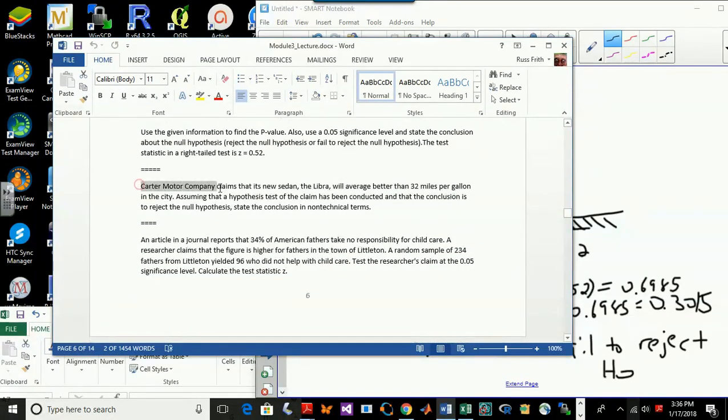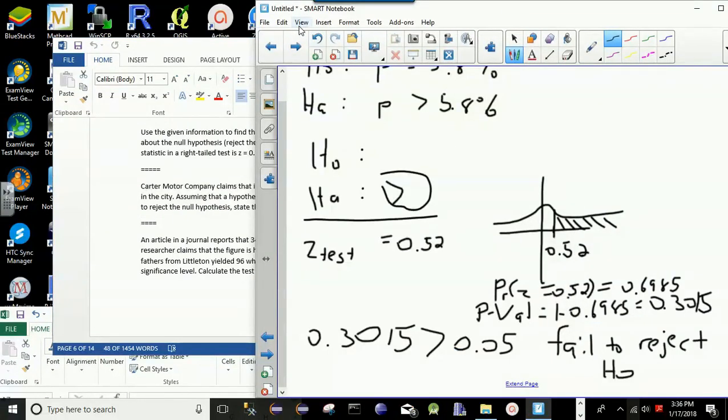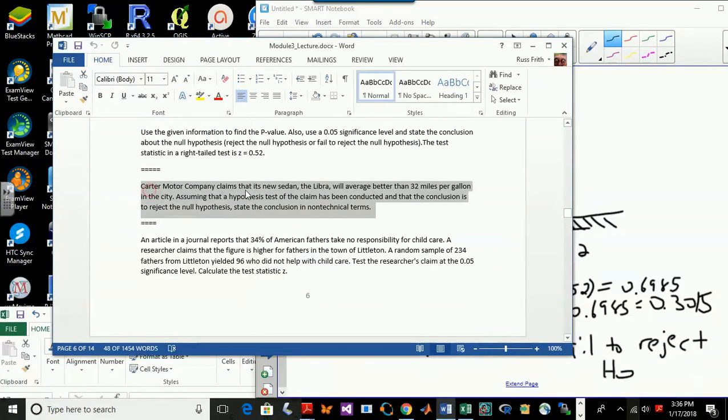Carter Motor Company claims that a new sedan, the Libra, will average better than 32 mpg. Assuming the hypothesis test of the claim has been conducted and the conclusion is to reject the null hypothesis, state the conclusion in non-technical terms. Whenever you have a claim, the claim is made against a base.